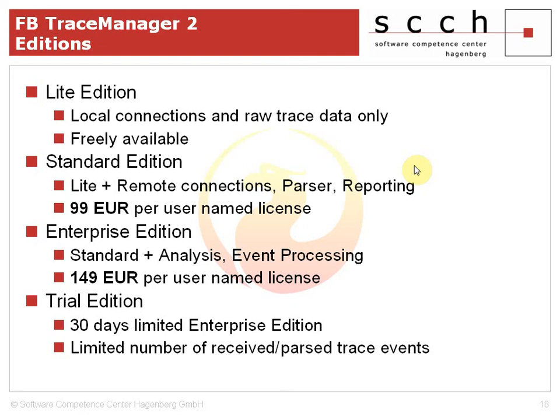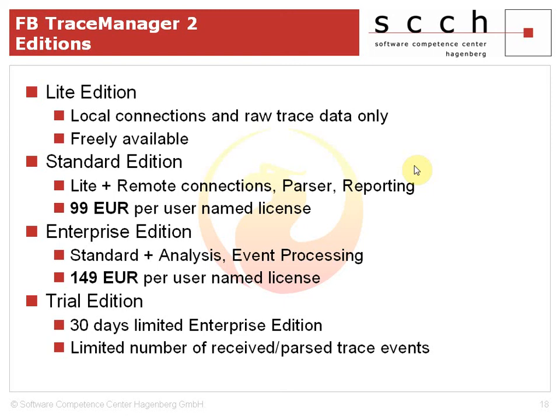Then there is a standard edition, which is the light edition, plus you can connect to remote databases. You have the parser included, so you have the grid available, and you have the reporting available, which I wasn't able to show in this demonstration.